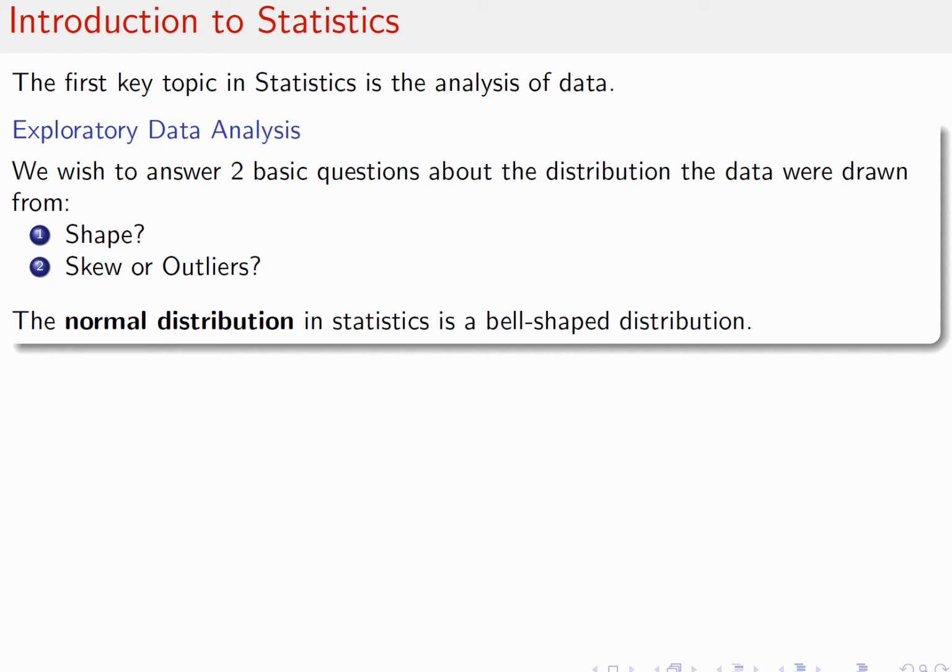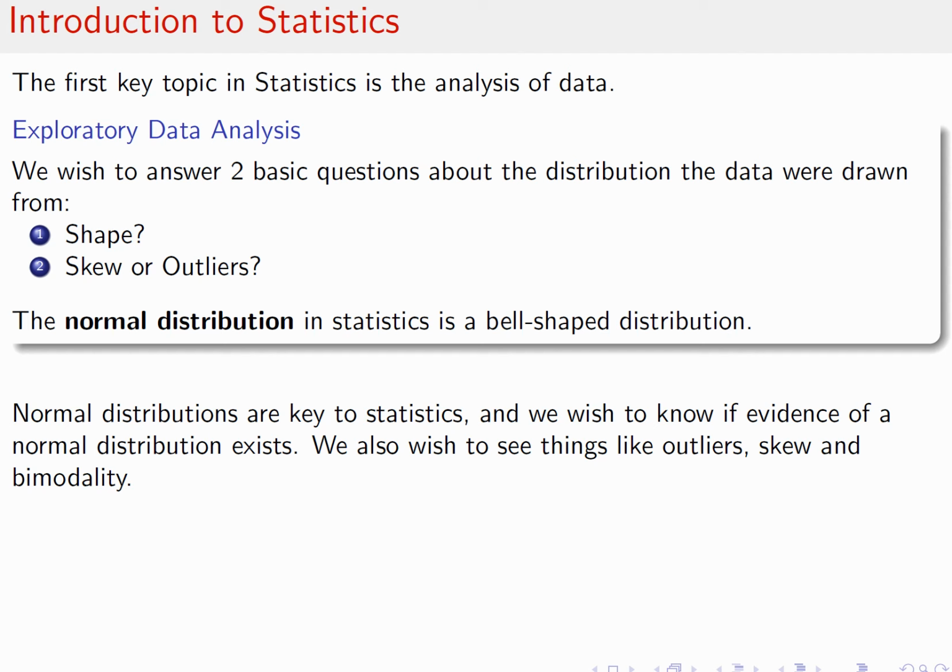To let you know about shape, the bell curve is a standard distribution that we see a lot in statistics. We have the uniform distribution, and again, a histogram or a density plot can show us the shape of that. Also, it can be skewed by outliers, so we're sometimes going to take a look at graphics like box plots, histograms, density plots, and learn about the shape and any abnormalities like skew or bimodal type data.